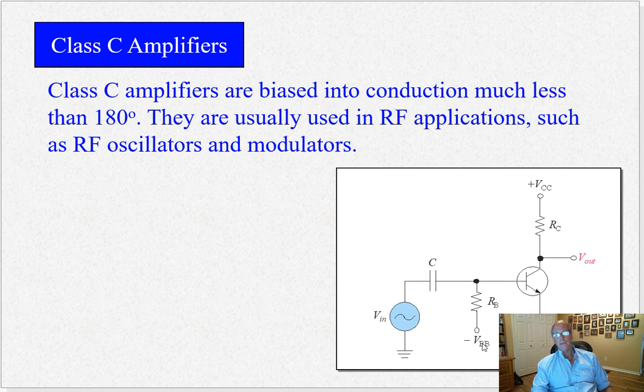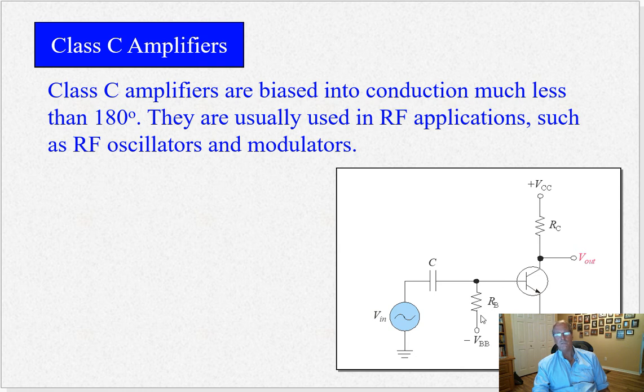If you look at this circuit here, this is a bias. This transistor is off all the time, except for when Vin exceeds this VBB voltage plus 0.7 volts. It just turns it on a little bit.